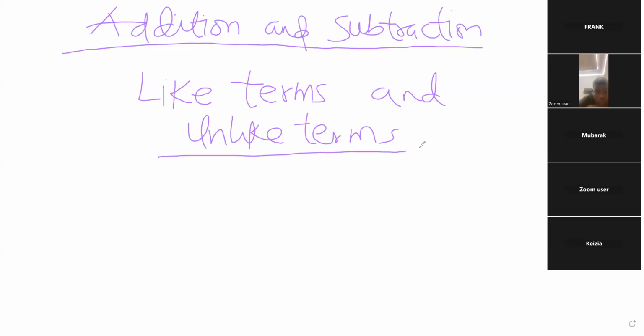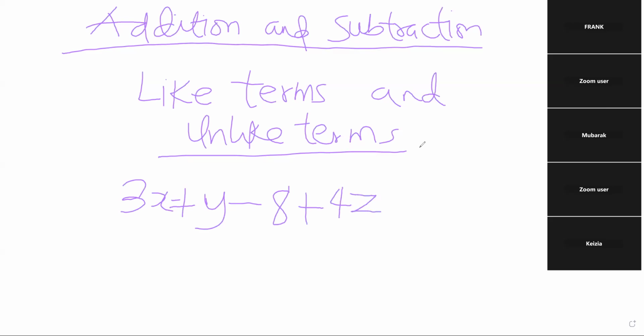So for instance, if I have 3x plus y minus 8 plus 4z, this has different terms. How do I know the number of terms right here? There is an addition sign here, which tells that 3x is a different term from y. There is a subtraction sign here, which tells that y is a different term from the 8.